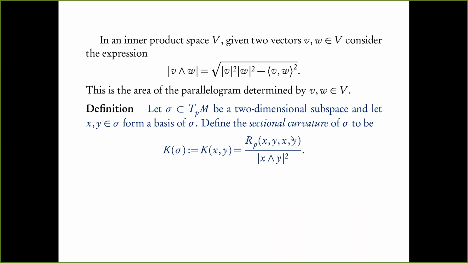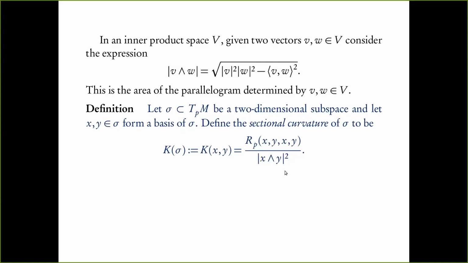We have seen what this is last time: extend x and y to vector fields on M, then take nabla_x nabla_y acting on x, minus nabla_y nabla_x acting on x, minus nabla_[x,y] acting on x, and then take the inner product of the whole thing with y.